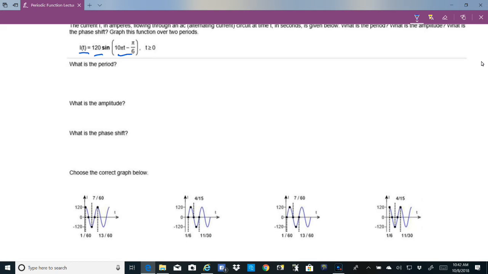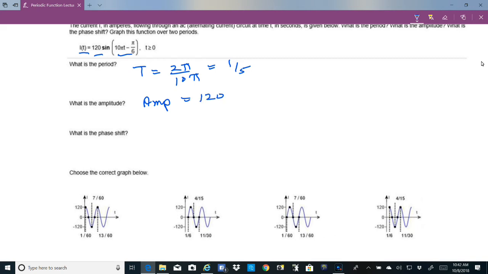We want to know what the period is. The period is 2 pi over omega, which is 10 pi, is equal to 1/5. The amplitude is 120.